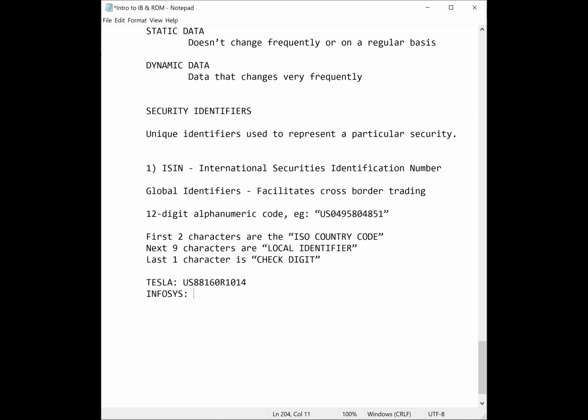Sir, INE 190 BO 1019. BO 10 B 01019. Good. Can somebody else tell me what is the ISIN number of Dabur?